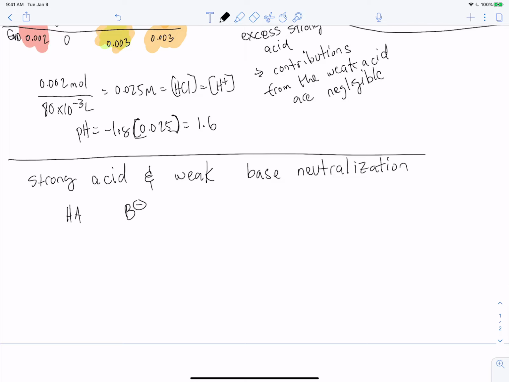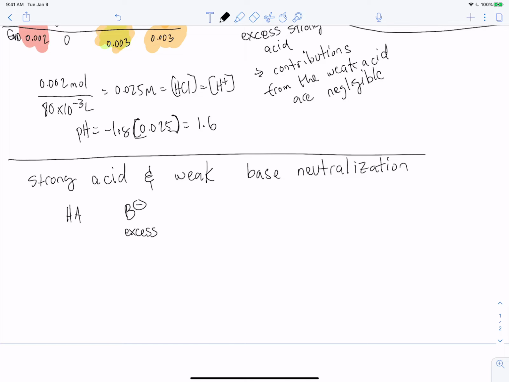So one situation you can have is excess B minus. Another situation you can have is where these two amounts are equal. And the other situation you can have is where this is in excess.